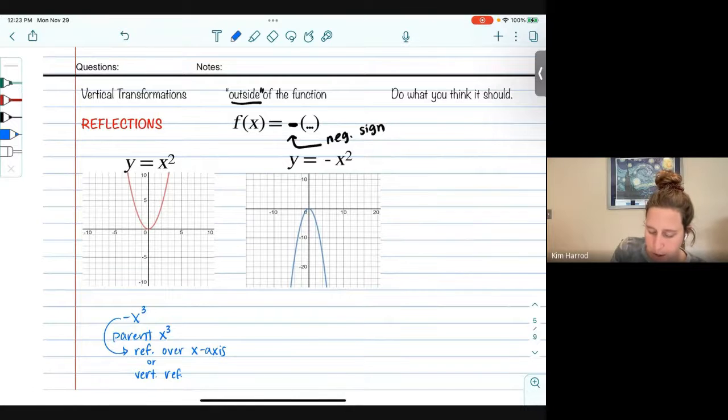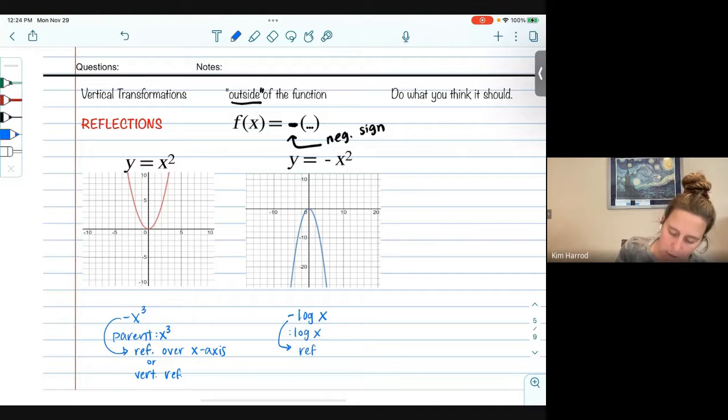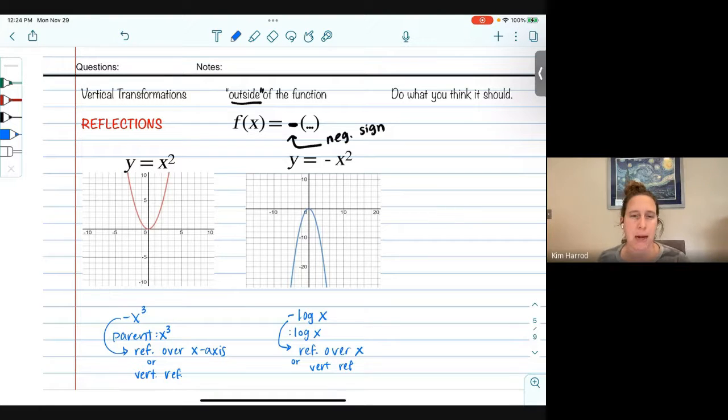Let's do the negative log of x. So the parent function would be the log of x, and the negative would, again, you can either call it a reflection over x, or you can call it a vertical reflection. So when you see that negative on the outside, not inside the function, that causes it to be a reflection in the up and down direction over the x-axis.